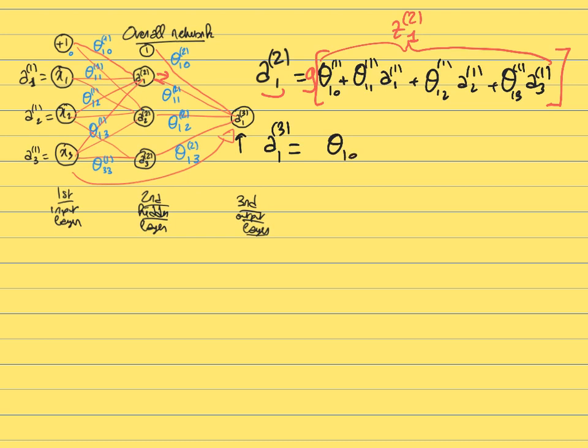The bias is going to be theta 1 from the second layer, plus the weight theta 1 1 from the second layer multiplied by the value of the first neuron of the second layer, plus the weight between neurons 1 and 2 in the second layer multiplied by the value of the second neuron in the second layer, and then add to this the weight and the neuron number 3 in the second layer, like this.